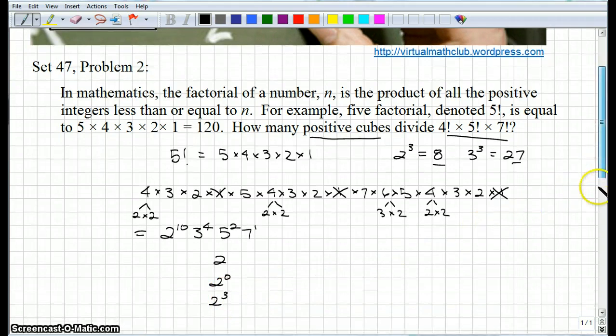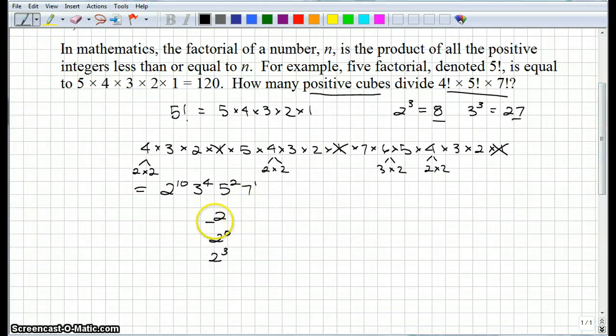I'm going to give myself some more room here. And then 2 to the 6th, which is essentially 4 cubed, and 2 to the 9th, which is basically 8 cubed, because it's 2 to the 3rd to the 3rd.